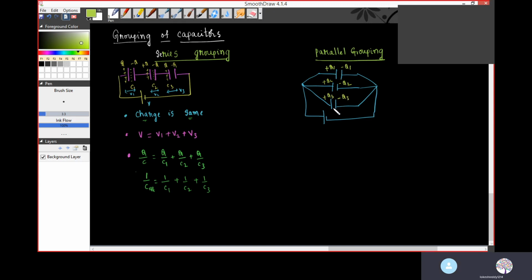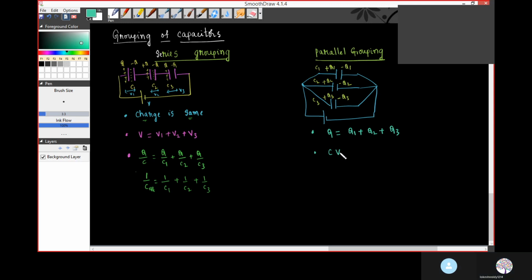Now here the charges are different, but the potential will be same, because capacitances are C1, C2 and C3. V is same. And the charge will be Q is equal to Q1 plus Q2 plus Q3. Q is equal to CV, right?